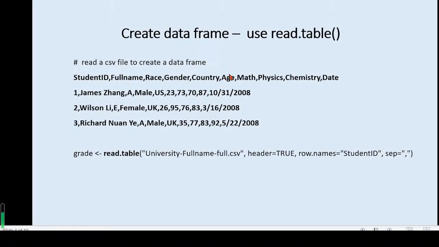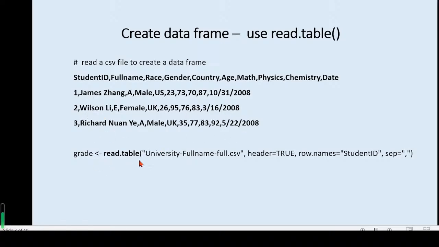So this is a raw part of the original file in a CSV file. The first row is for the variable names, and one row represents one observation.